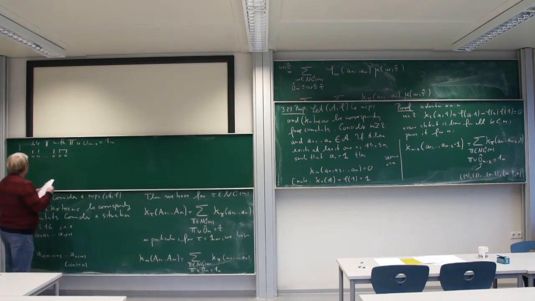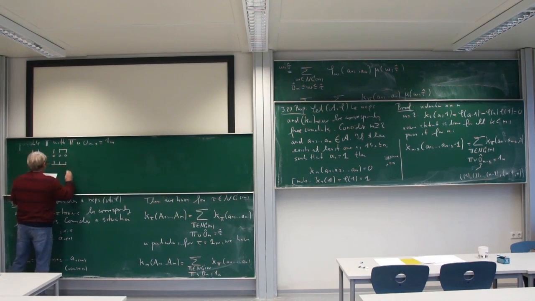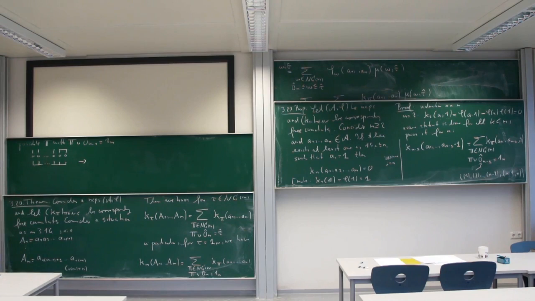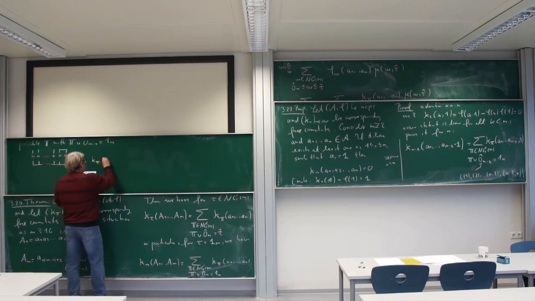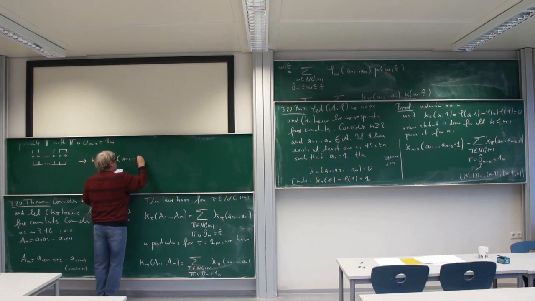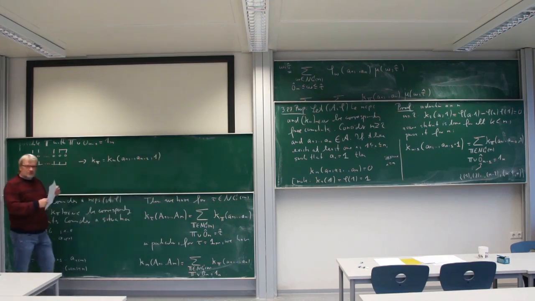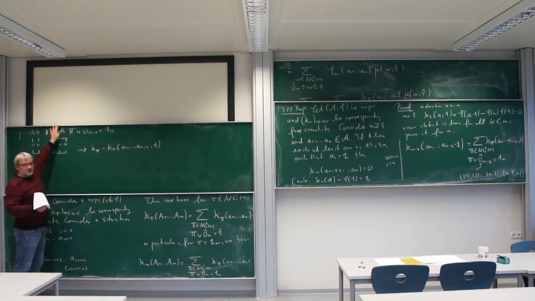So this means I always have the possibility that I'm just connecting to anything, and of course this gives me exactly the term in which I'm interested, because the kappa pi of this, of course, is just kappa_n of a1 up to a_{n-1}, comma 1. That's the term which I really want to see is 0.